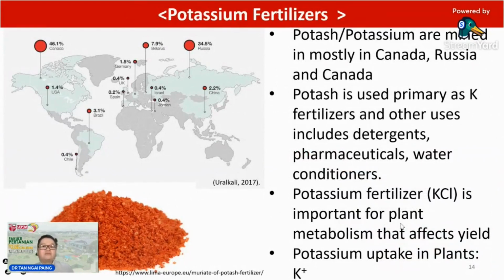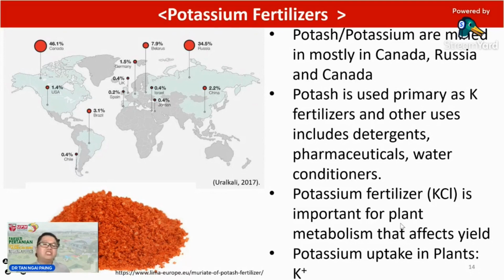Again, another very important nutrient in the NPK is potassium, K, or kalium, which is also a mined product, a resource that you can mine. The biggest mines of potassium are in Russia and Canada.